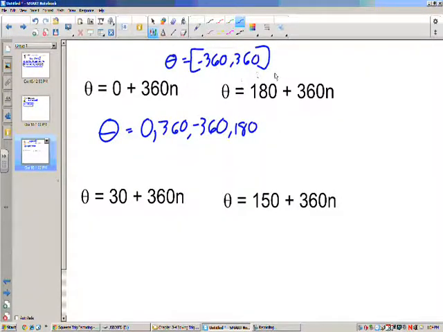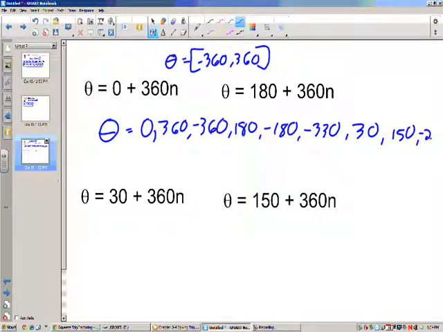If I add 360, it's too much, but if I subtract 360, it would get down to negative 180. Now for 30, I can't add 360, but I can subtract 360 to get negative 330. And I shouldn't forget my 30. Also, 150 works. I can't add 360, but if I subtract 360, that would be negative 210.